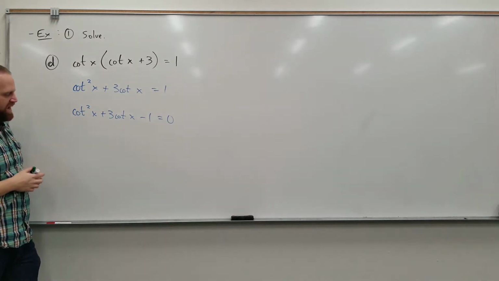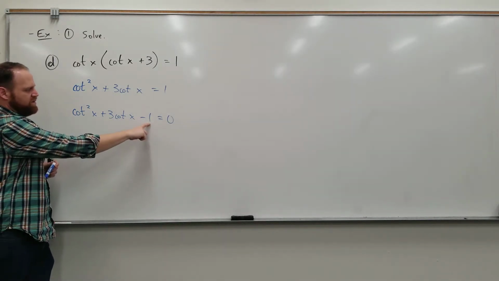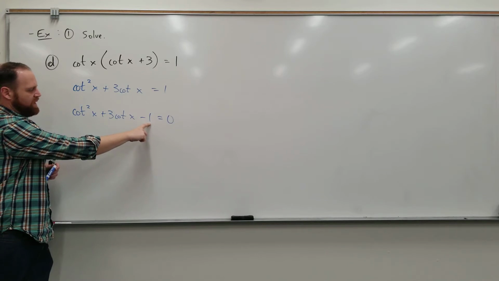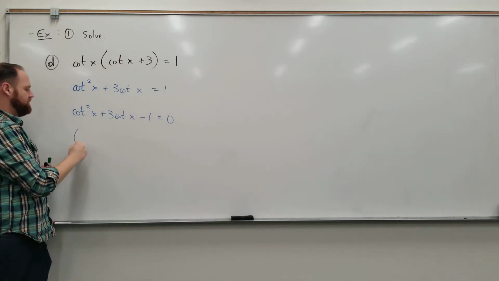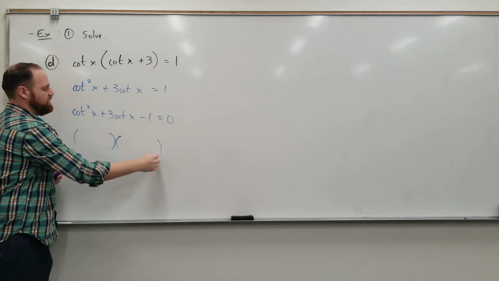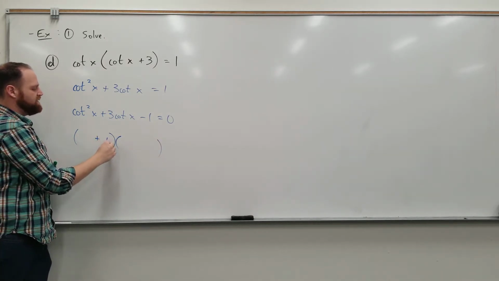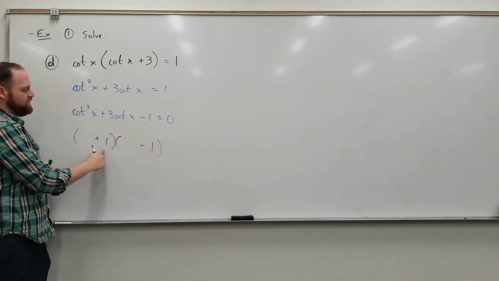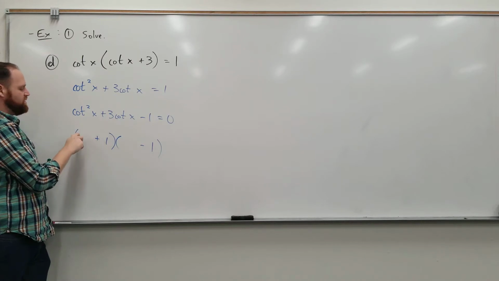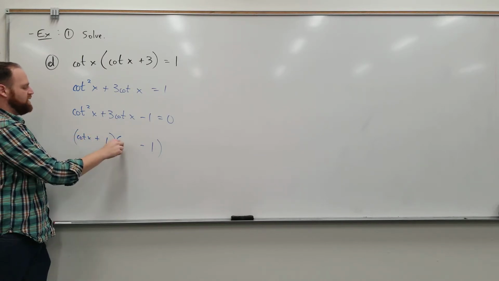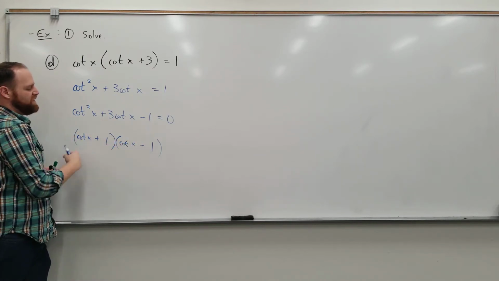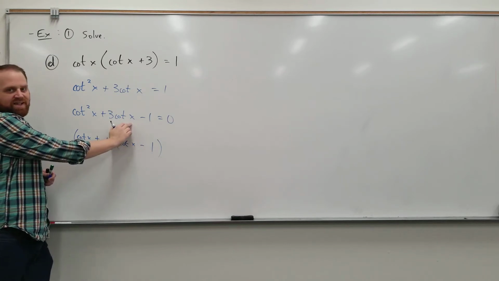Oh, and this one's going to be nasty, right? Because the only way to get a -1 is to have like a +1 there and a -1 there. The only way to get a cotangent squared is to have a cotangent and a cotangent. But this isn't going to give you 3 cotangent x in the middle, right?